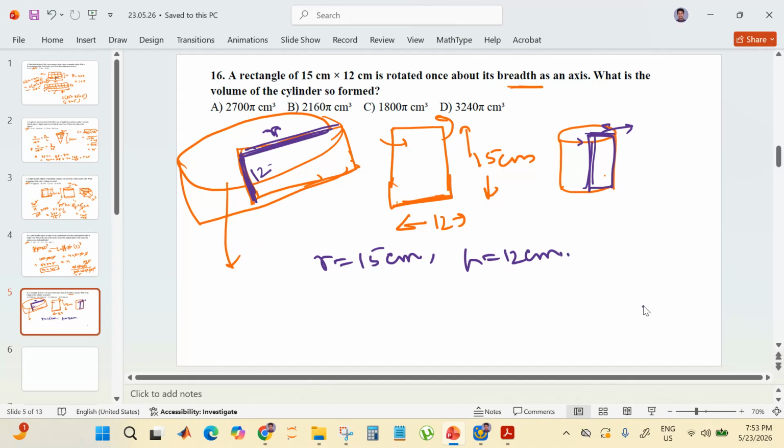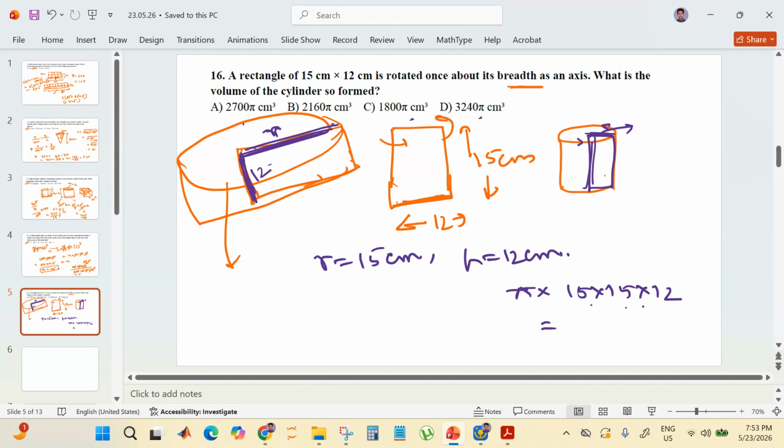So what is the formula of the volume of the cylinder? It is pi r square h, that is pi into 15 square into 12. There is a pi in all four options, so do not divide it into 22 by 7 or something like that. Just take it as pi.